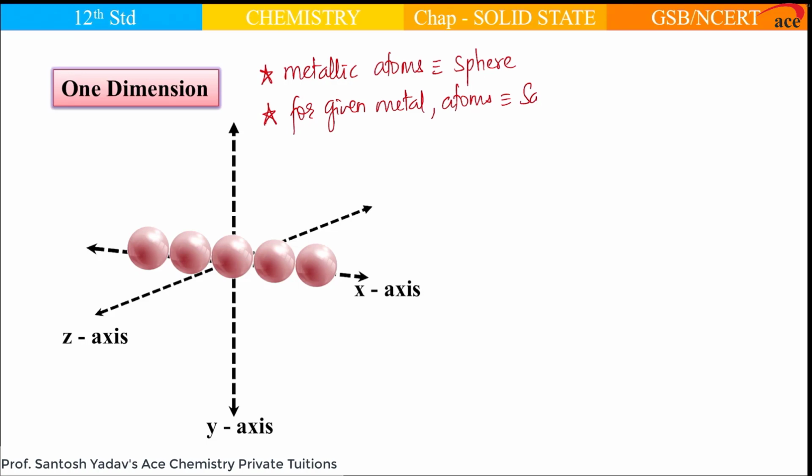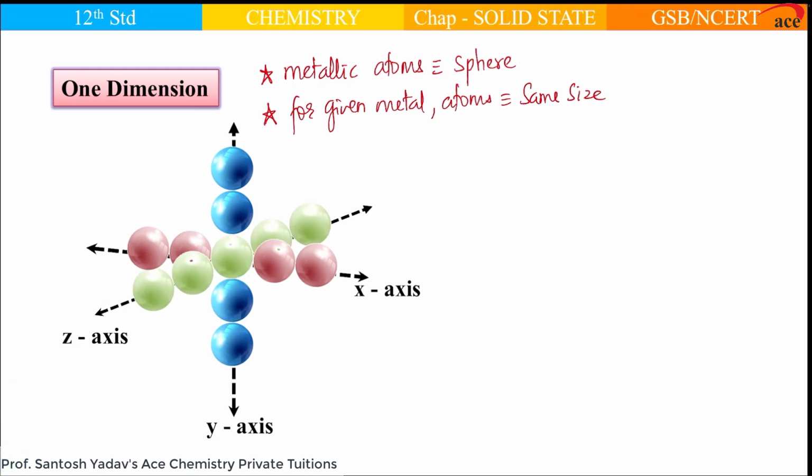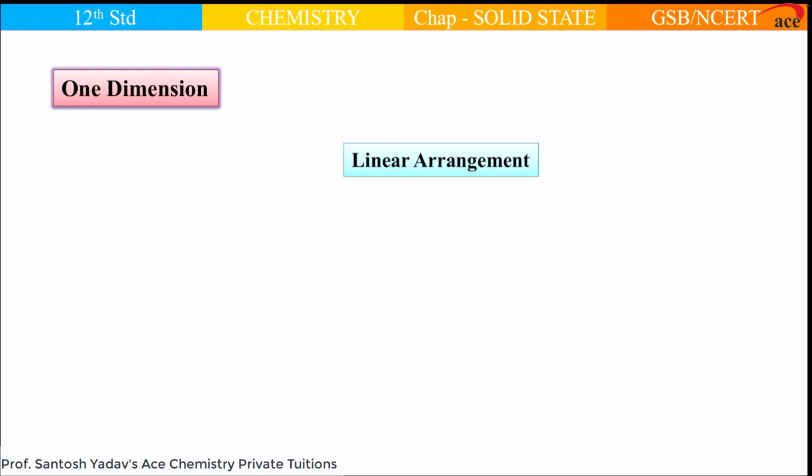So here all the spheres will be shown of the same size. This type of arrangement along the x axis is called one dimensional. You can have a one dimensional arrangement along the y axis also, and along the z axis too. This is a linear arrangement or one dimensional arrangement.